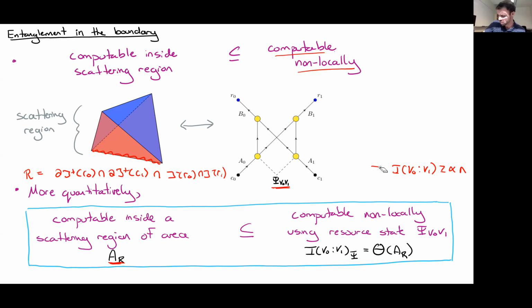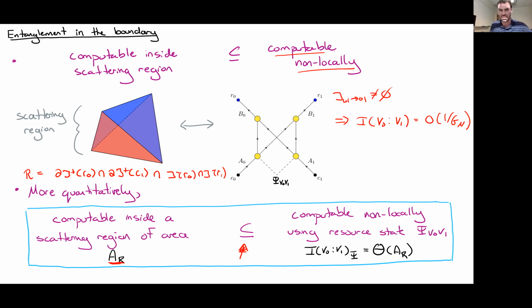Good. There's an interesting theorem which is implicit when I make this statement. We have proved a theorem that says that if this scattering region, J, which I'm calling J01 because it's the intersection of these light cones, is not empty, then it implies that the mutual information will be order 1 over G Newton.